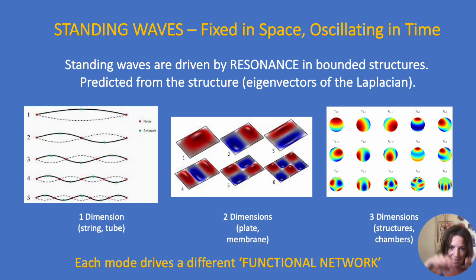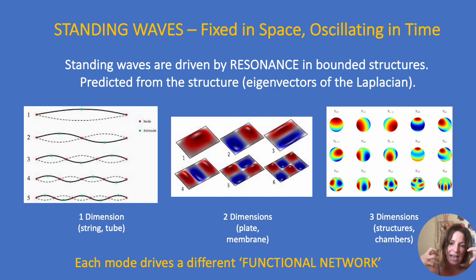And as you see in the middle, in the red and blue colors, all the points that are in the red areas, when that standing wave is activated, they will oscillate in phase, so they will drive a given functional network, right?